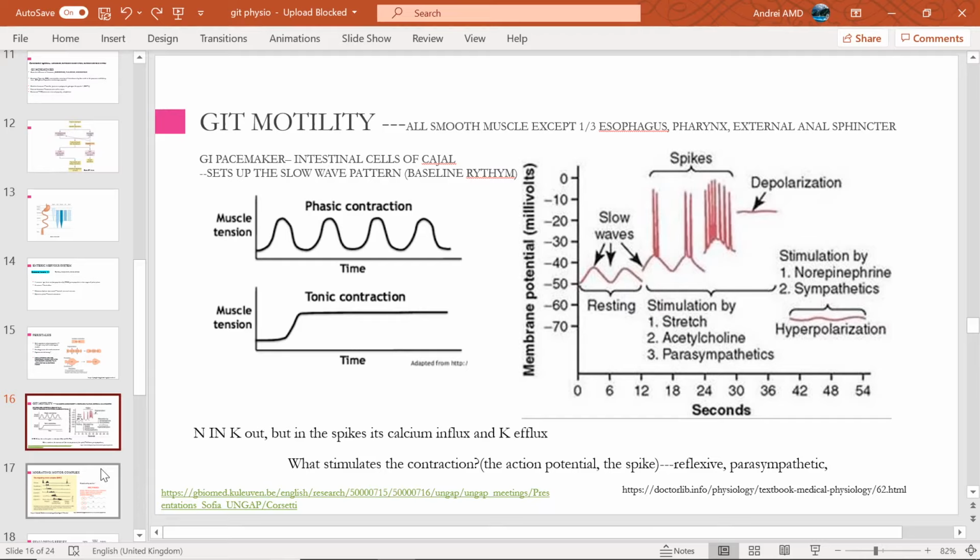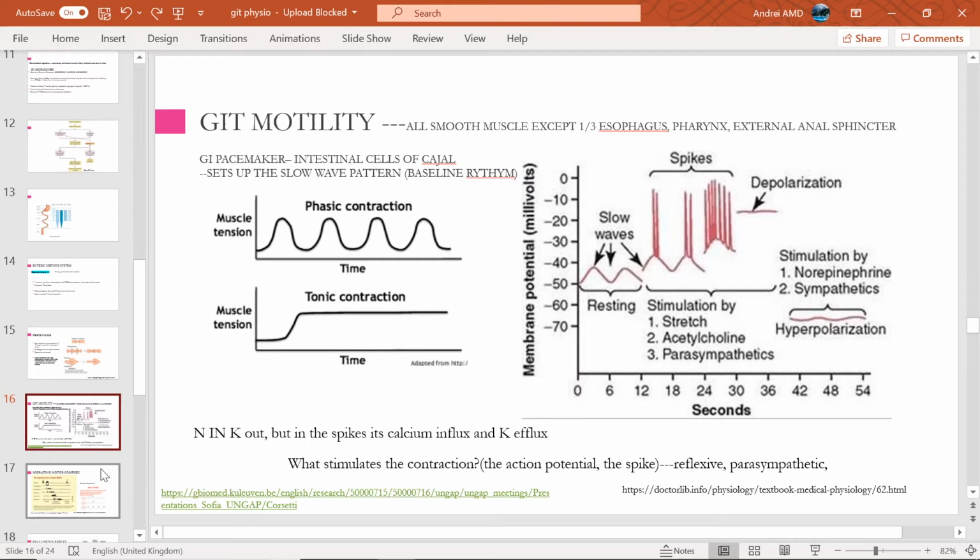Can you see this? When there's increased electric activity, you can see these spikes, and it causes contractions. Afterwards, it's phase 2, when there are little spikes. And when it's just at the baseline, it's phase 1, so the basic electric rhythm is there but no contraction is happening. So that's this, this, and this.